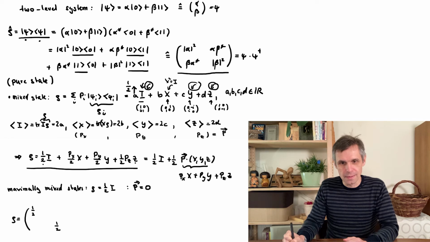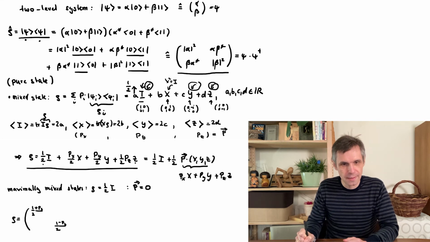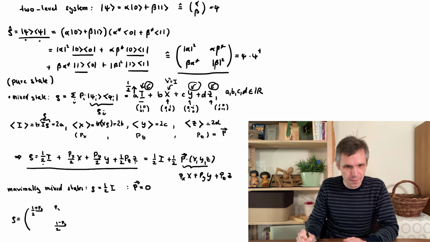And then the other diagonal matrix is the Z matrix, and there we get plus or minus pz. And then we have the X matrix and the Y matrix with off-diagonal elements, and they simply combine to give us these off-diagonal matrix elements.